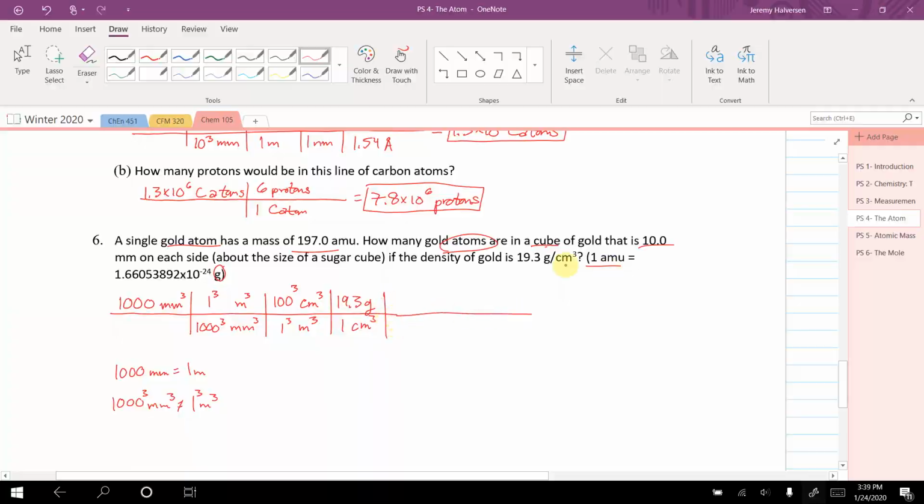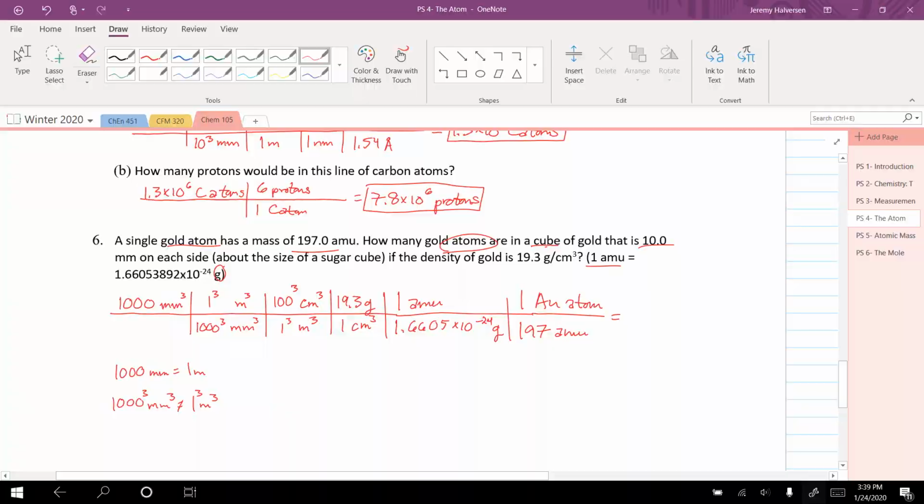Now, since I'm in grams, I know the conversion from grams to AMU is 1.6605 times 10 to the negative 24 grams in 1 AMU. The last step to get to gold atoms would be to know that 197 AMU makes 1 gold atom.